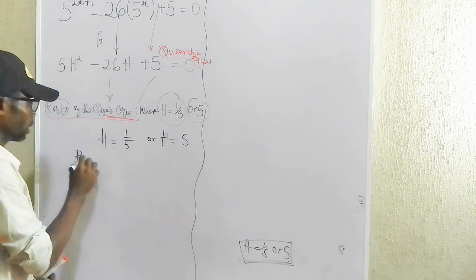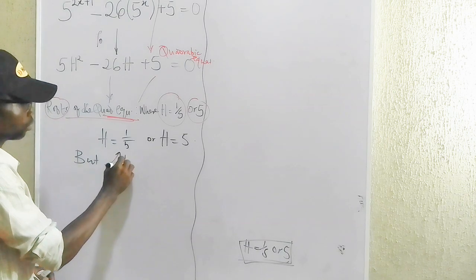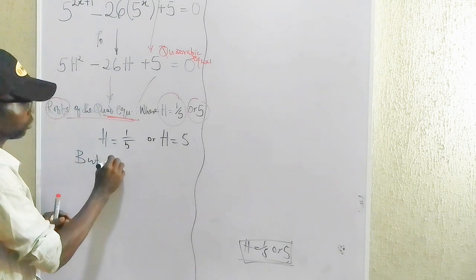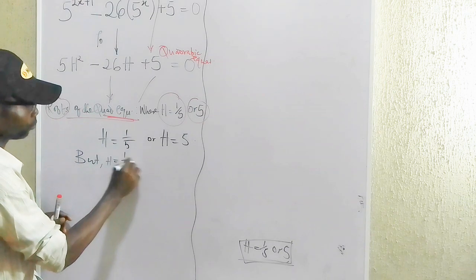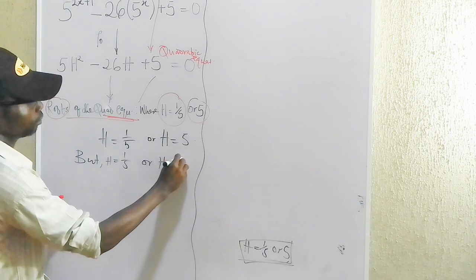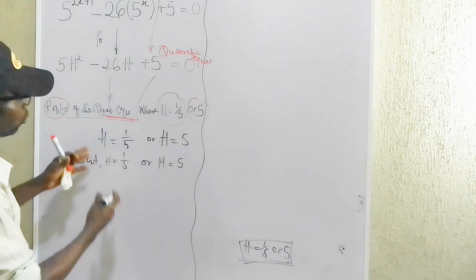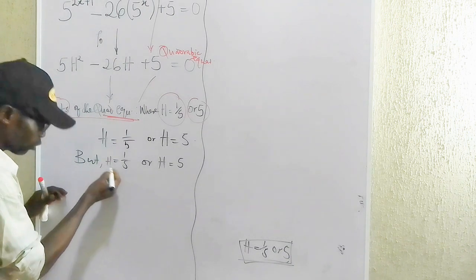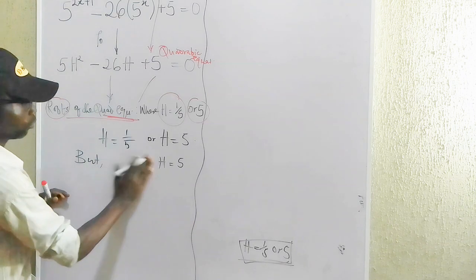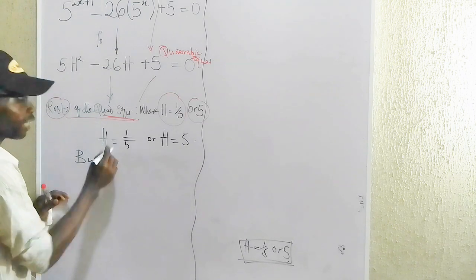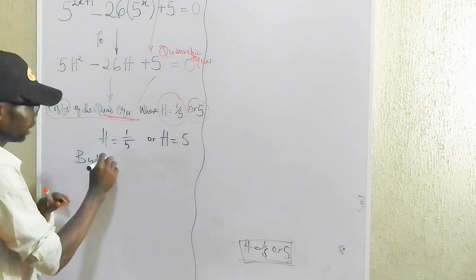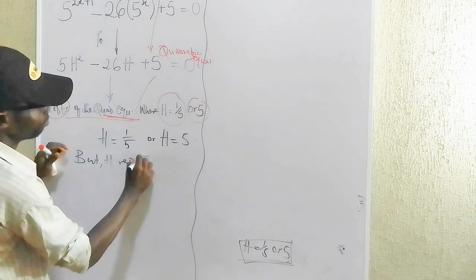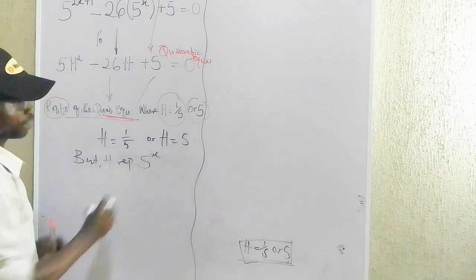Proceeding from here, H is equal to 1 over 5 or 5. We remember that H actually represented 5 raised to the power of x.